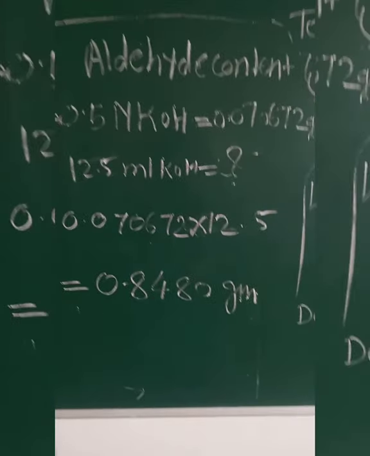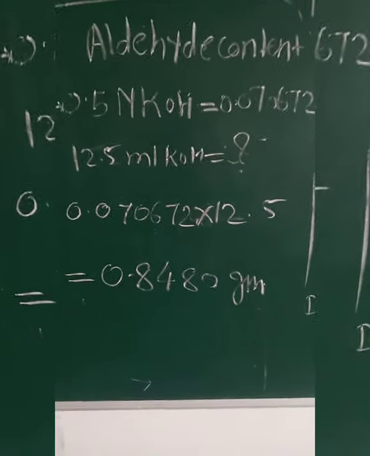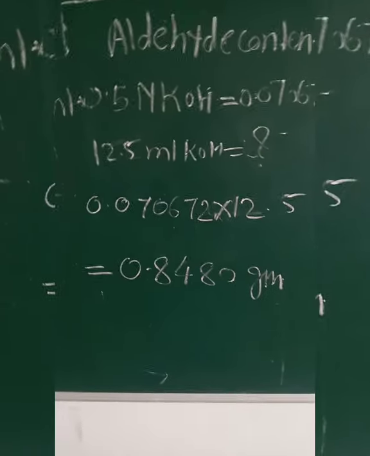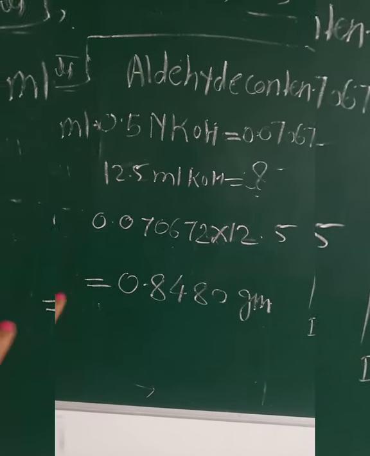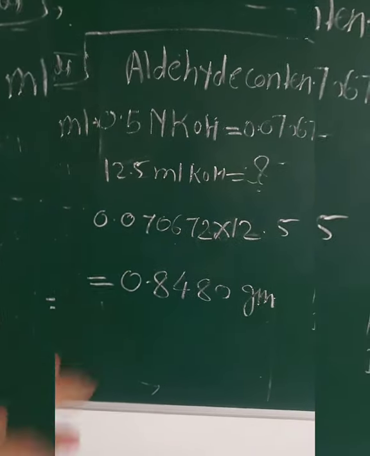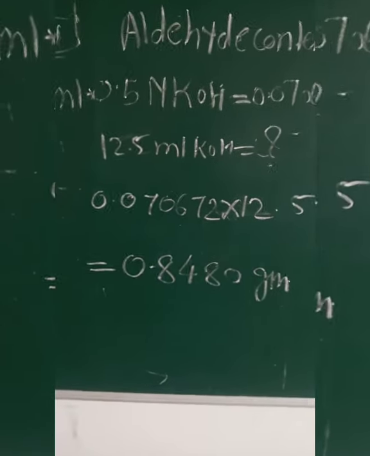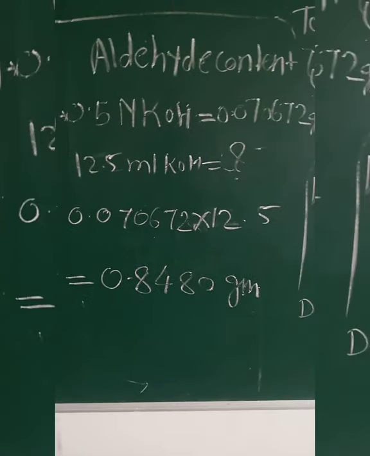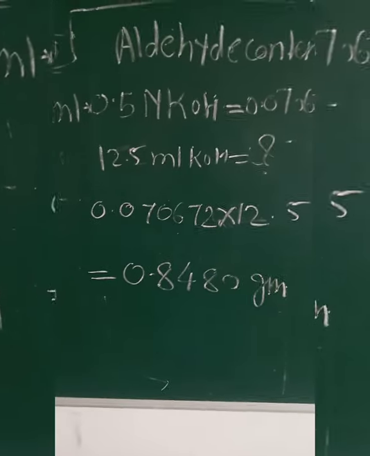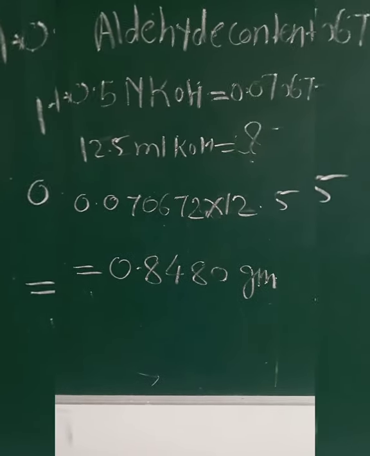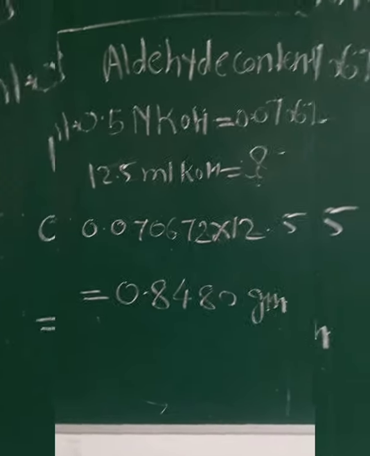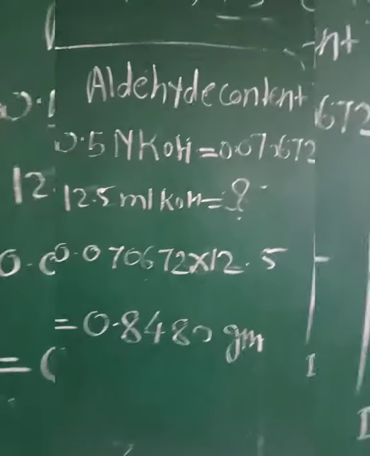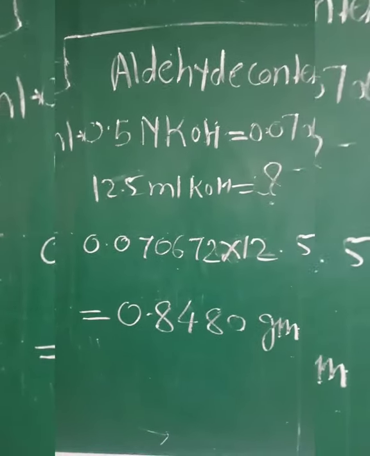So how much aldehyde is present in the oil? I take 0.070672 gram per ml of KOH multiplied by 12.5, that is 0.8480 gram of aldehyde, that is citral, present in the lemon oil.